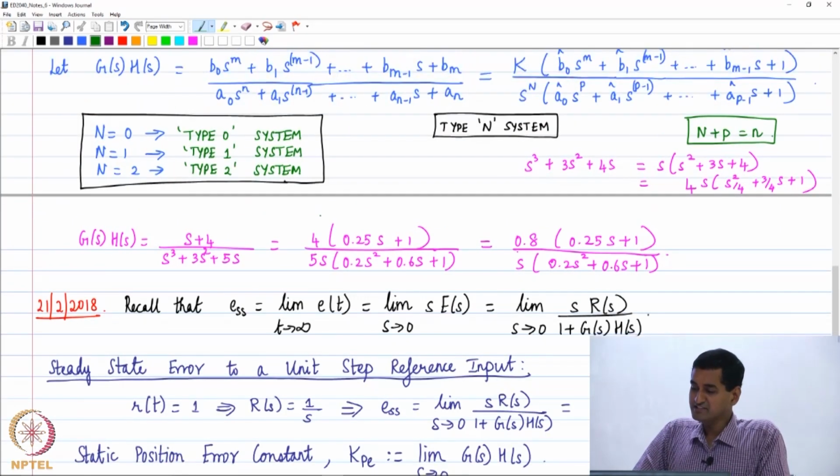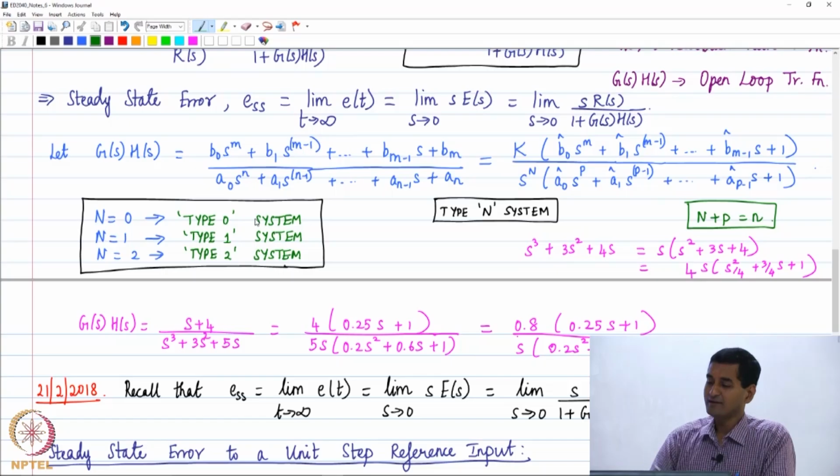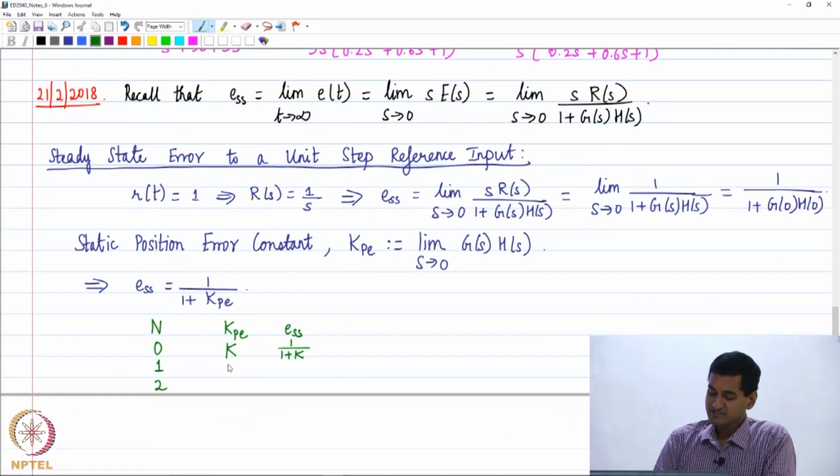Now if N is equal to 1, what do you think happens to the value of KPE as s tends to 0? Immediately you see that the limit of s tending to 0, G(s)H(s) will become infinity, right.